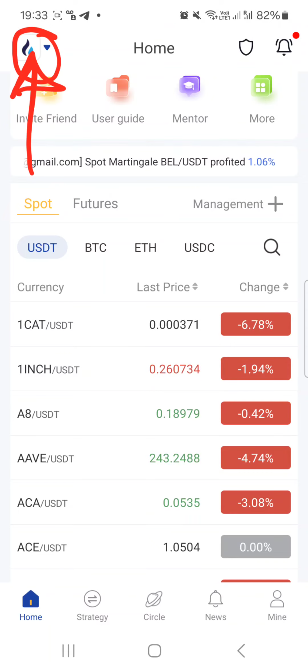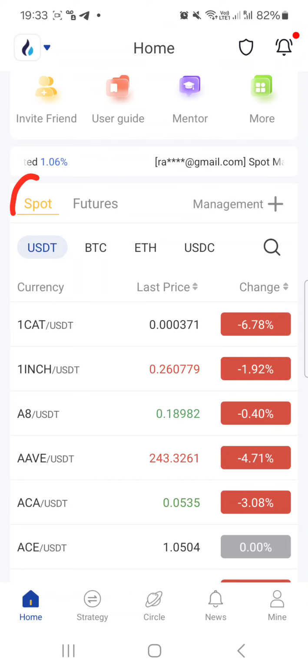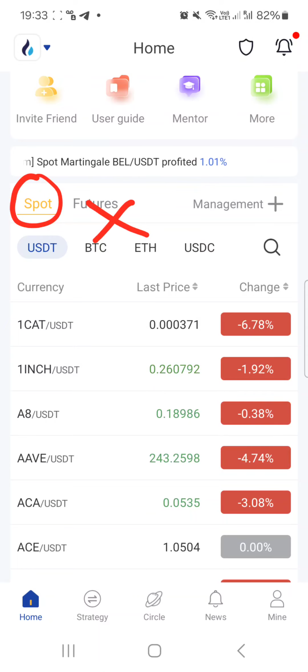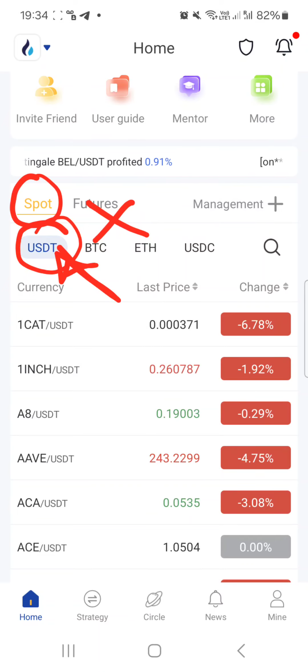Just make sure that you're in spot, not futures. We are trading in spot. And make sure that USDT is the trading base currency that has been highlighted over there.